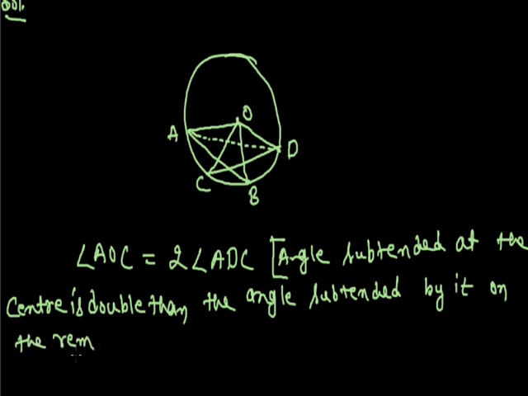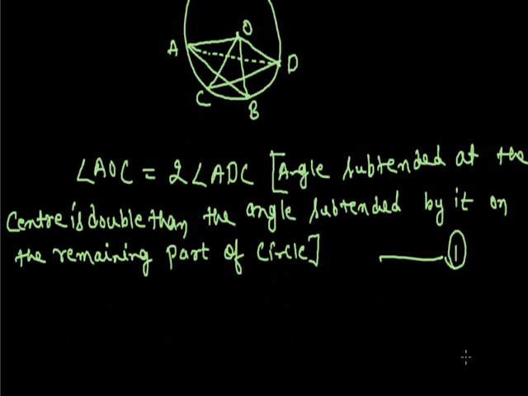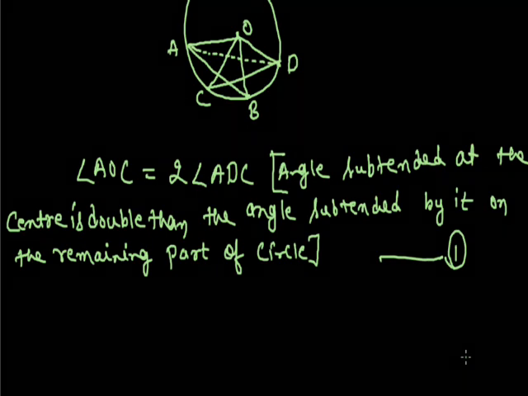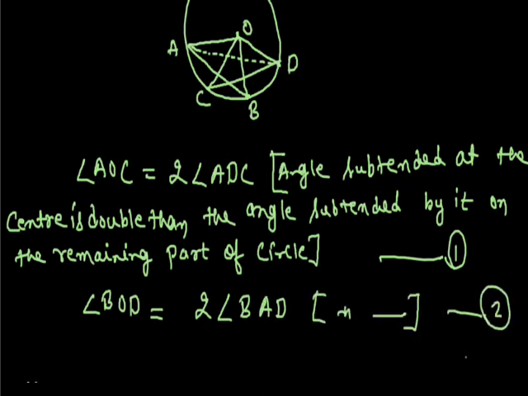Let this be equation number 1. So angle AOC is equal to twice of angle ADC. Similarly, angle BOD is equal to twice of angle BAD. Again by the same theorem, equation number 2.